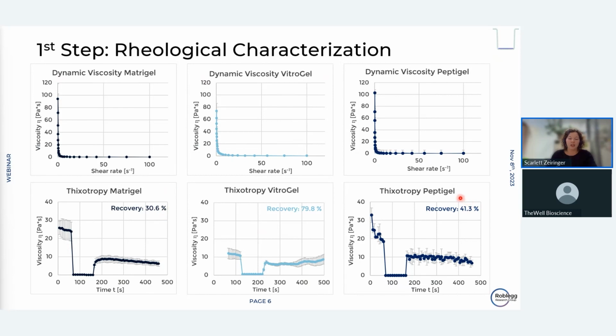Matrigel and Peptigel only reached a recovery of 30 and 40% after complete destruction, leading to a partly destroyed inner structure of the gel. These results indicate that VitroGel would withstand the intestinal stress caused by motility and in the event of destruction would recover to about 80%.